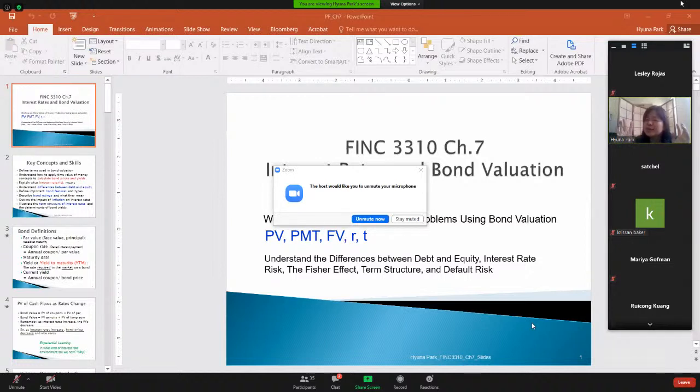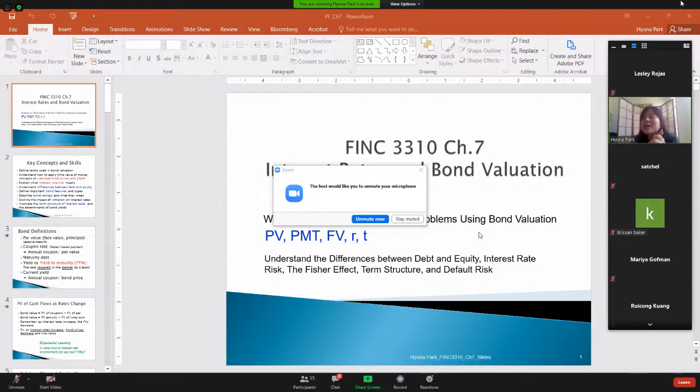And besides the pure discount loan and the amortized loan, there is another loan type. What was it? Interest-only loan. So chapter 7 is about interest-only loans. The good example is the bond. This is a corporate finance course, so we learn about corporate financing.